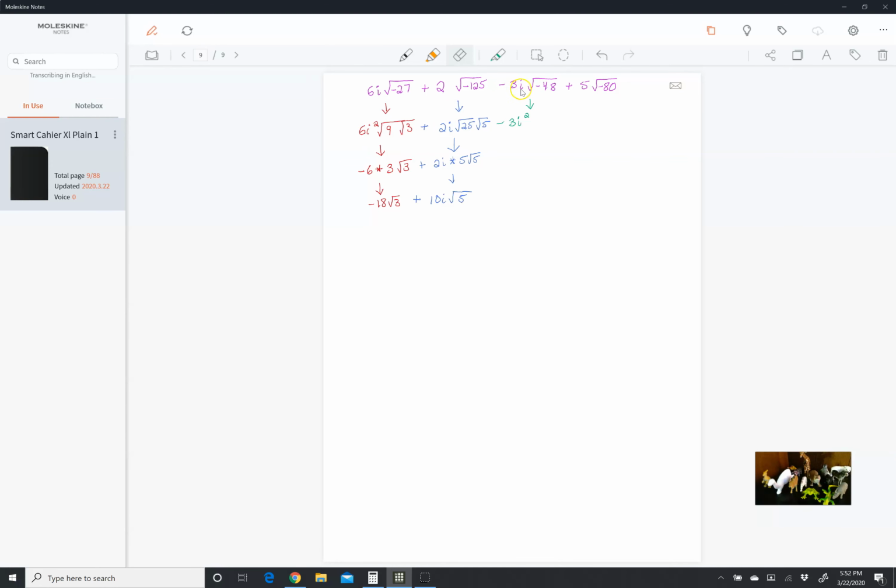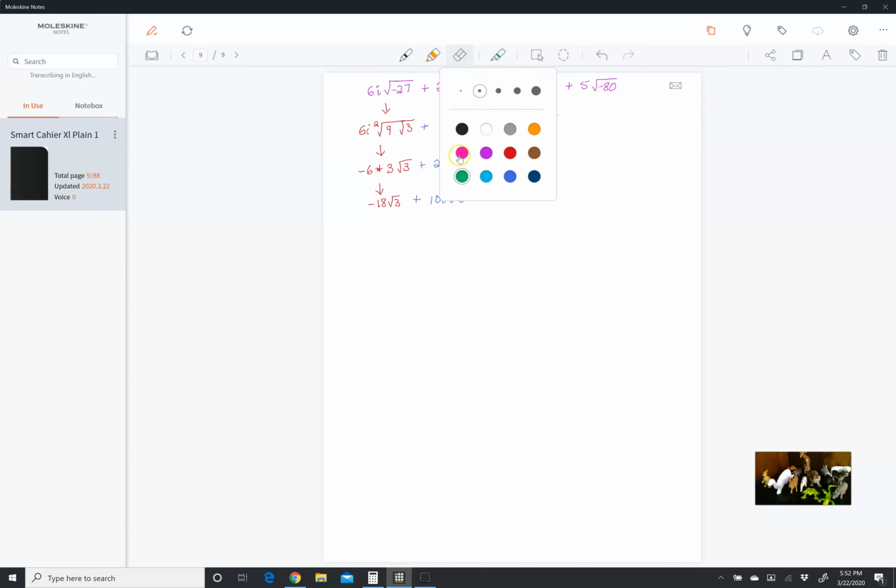So now we have 3i squared. And the square root of 48 can be broken up into square root of 16, square root of 3. If we keep going, this now becomes a positive 3. So the positive comes from this i squared over here. The i squared made this a positive.